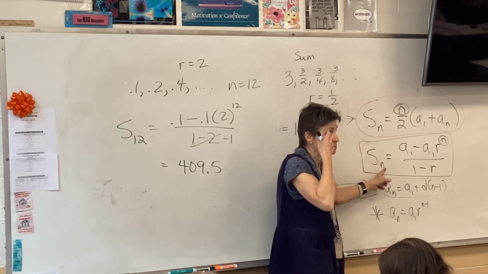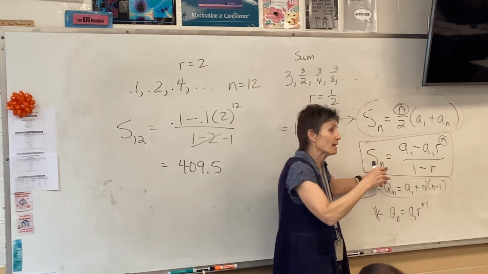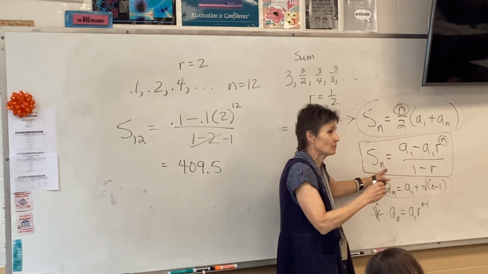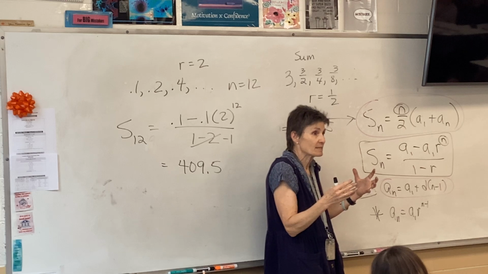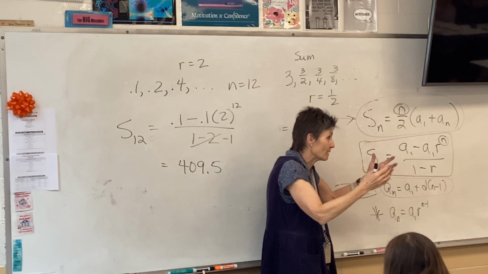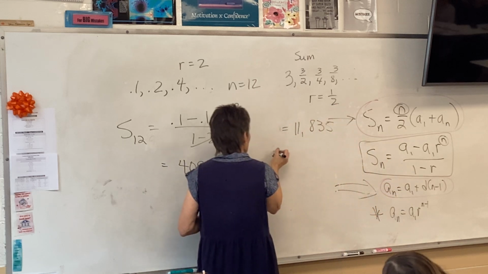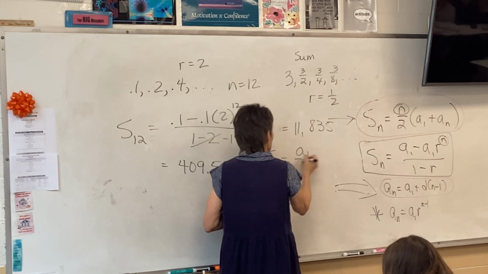That n tells me to add up the first 90, S sub 90, or the first 200, S sub 200. If it's infinite, then I don't have an n. So our formula for an infinite geometric series is right here.